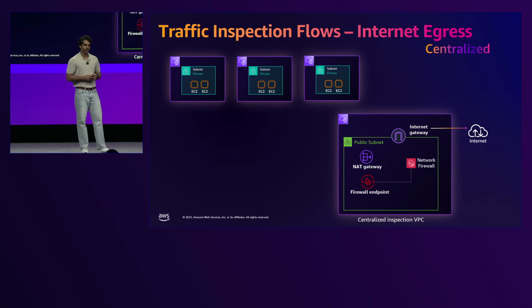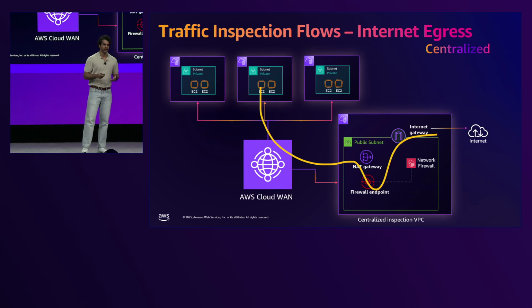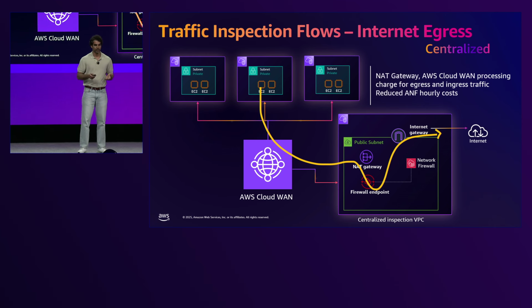Okay, so the next is how do we convert that decentralized internet egress to centralized internet egress? Well, you can do that by bringing in AWS Cloud WAN. So the idea here is that your application VPCs can send traffic to AWS Cloud WAN, which gets routed via the centralized inspection VPC out to the internet. This is great.